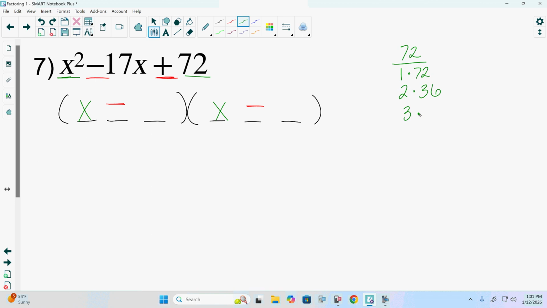We have 3 and 24. We have 4 and 18. 5 is not a factor, but 6 and 12. 7 doesn't work, but we do have 8 and 9. Which set of factors do we want to try first? 8, 9.